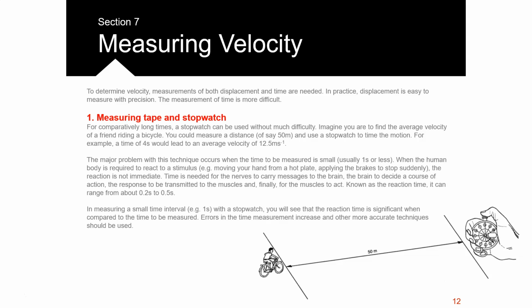Therefore, if we are looking at the speed of runners in Olympic events, the margins of difference in time can be very, very small, so using a stopwatch wouldn't be a very appropriate method, and we need to use some more accurate technique to measure the time intervals.